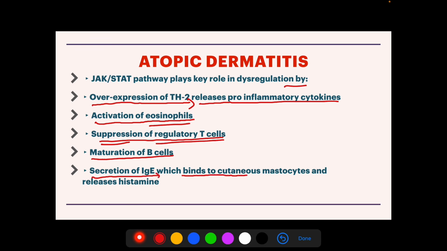This leads to secretion of IgE, which binds to cutaneous mast cells and releases histamine.